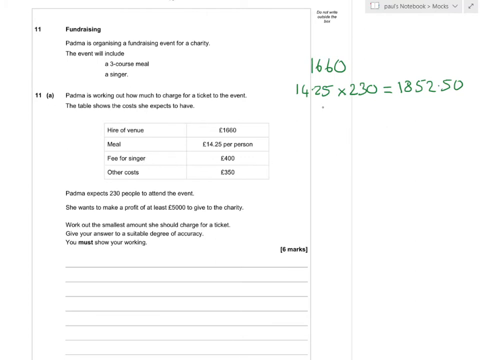Now the fee for the singer is 400, and the other costs are 350. Now add these 4 numbers together, and that will be the total cost.